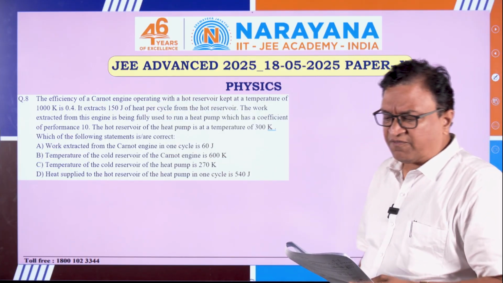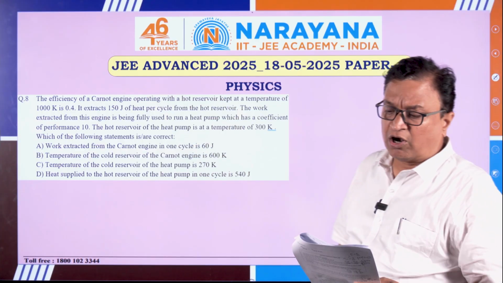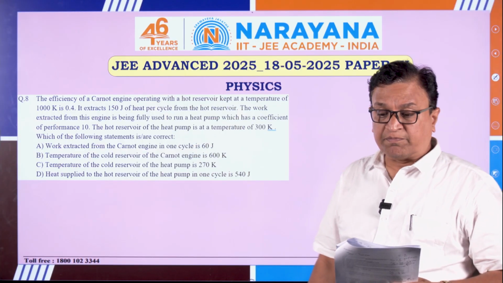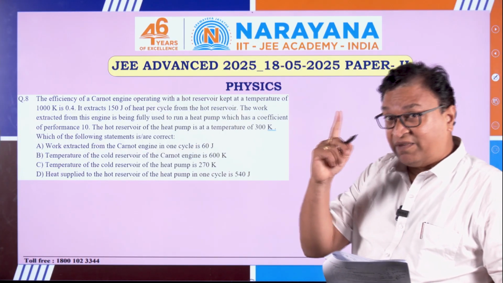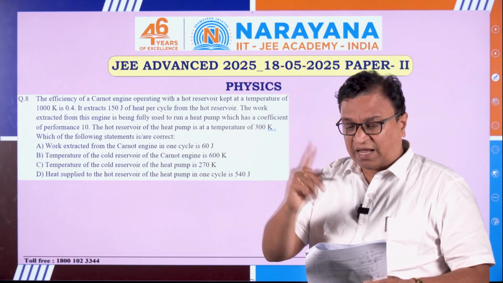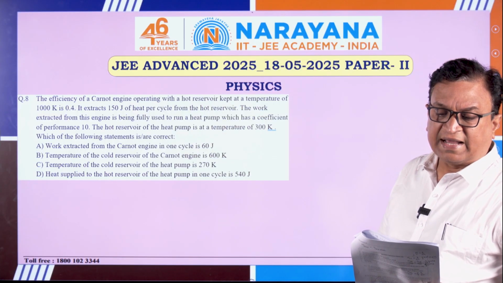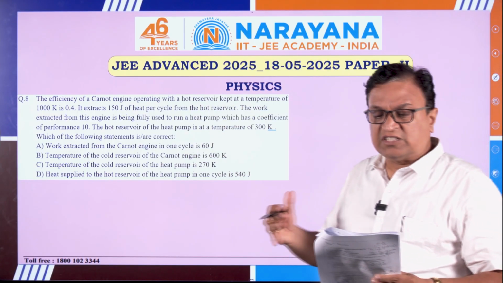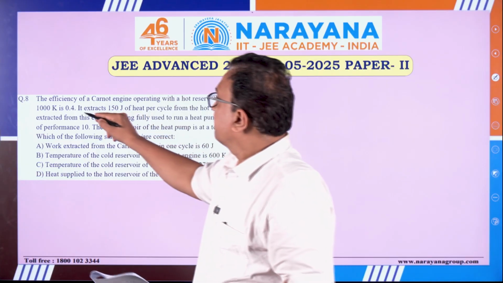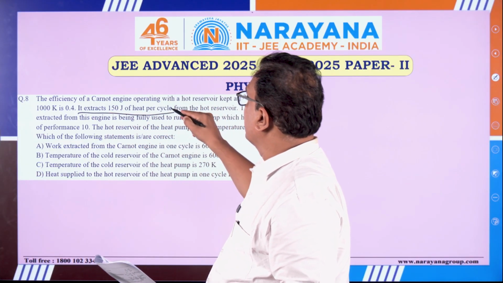The efficiency of a Carnot engine operating with a hot reservoir kept at a temperature of 1000 Kelvin is 0.4. It extracts 150 joules of heat per cycle. Very important data.